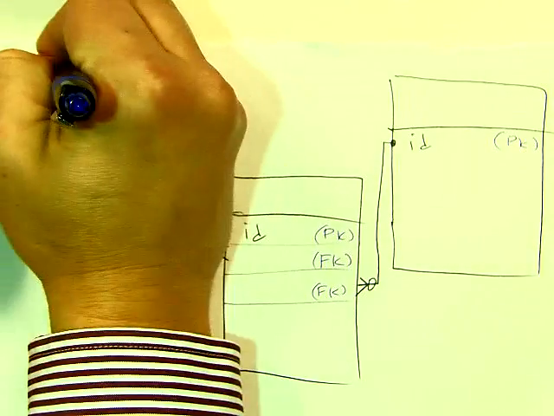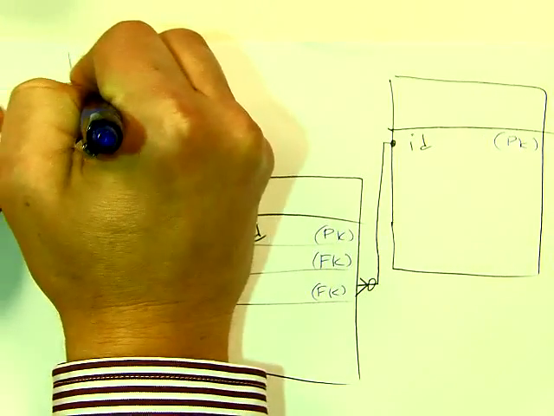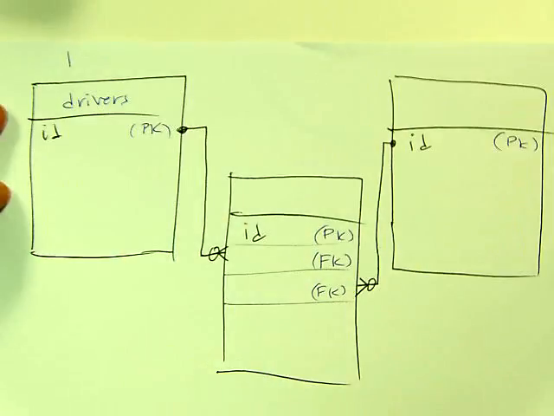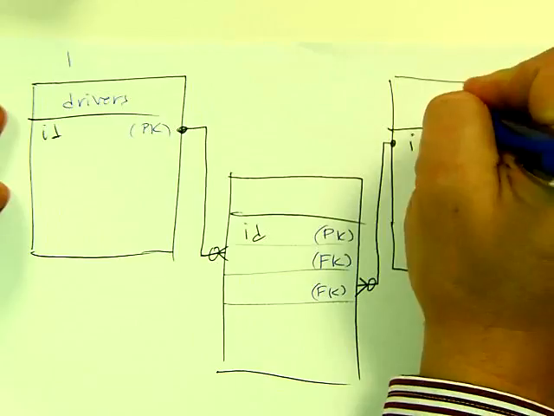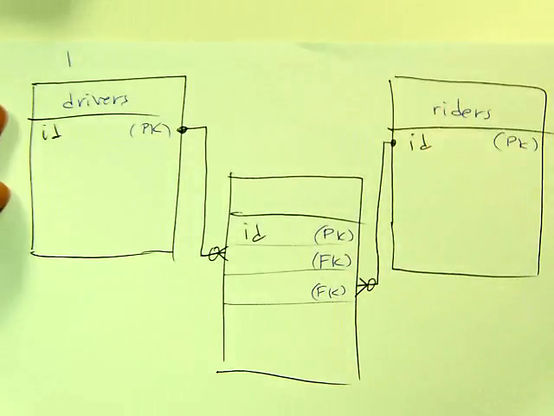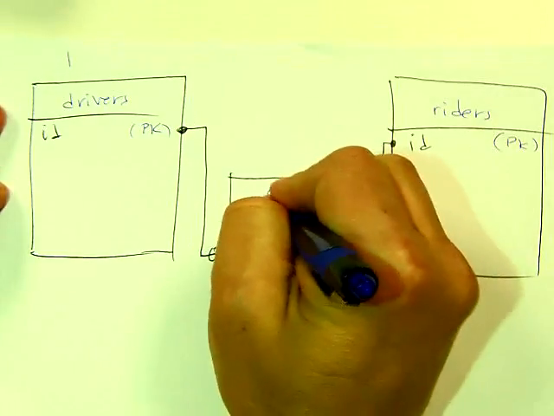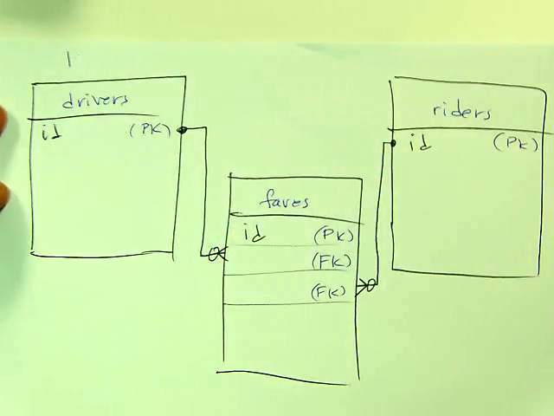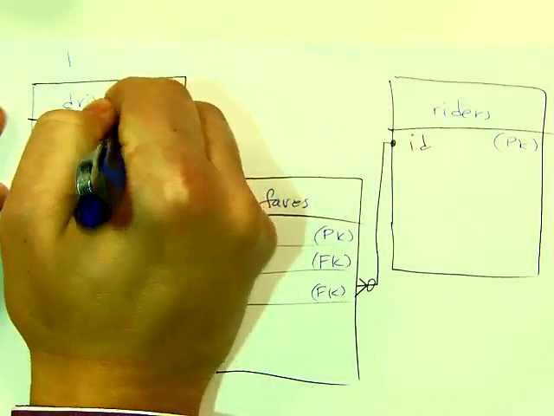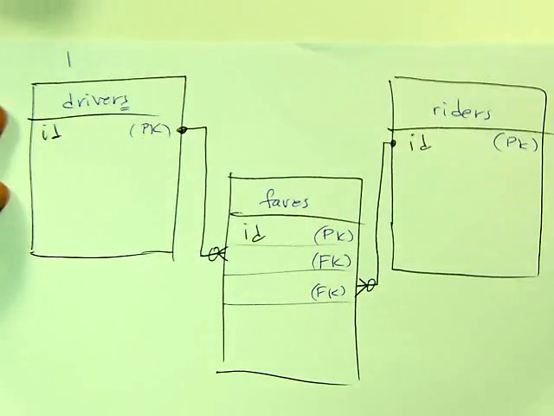So we would have drivers, actually I'll put it here, drivers is the name of the file, the table, and we're going to have riders, and that's going to be a table, and then we're going to have fares. And we want to use an S at the end of the name of the table.